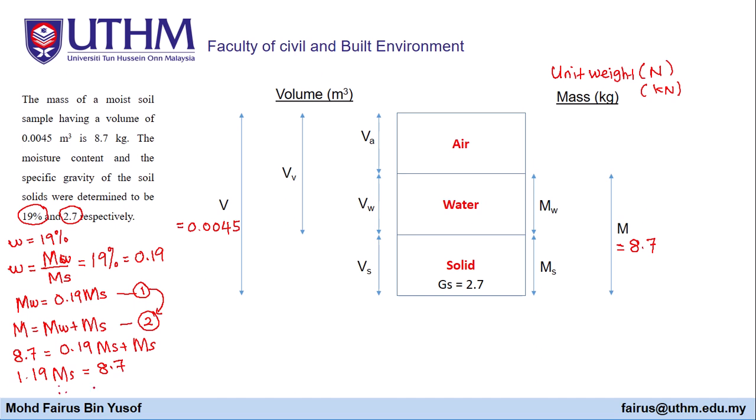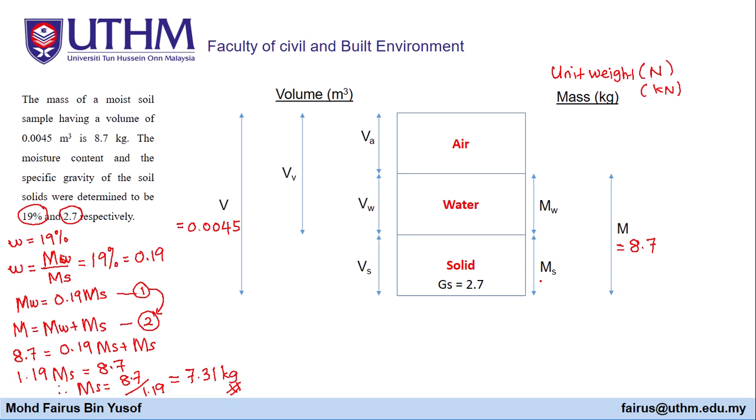Okay, from here you can calculate Ms equal to 8.7 divided by 1.19. So you get the value 7.31 kilogram. Okay, so you know that Ms equal to 7.31.